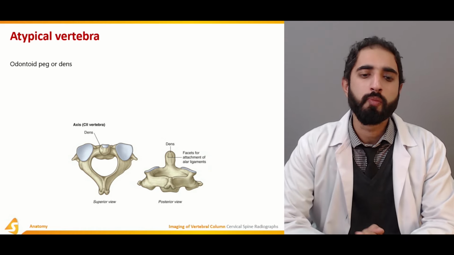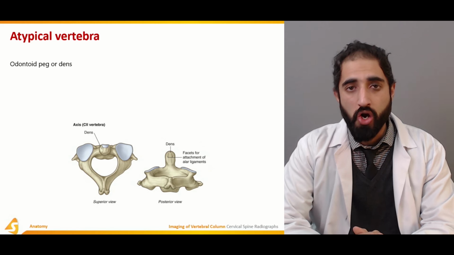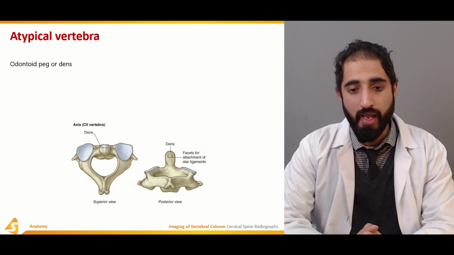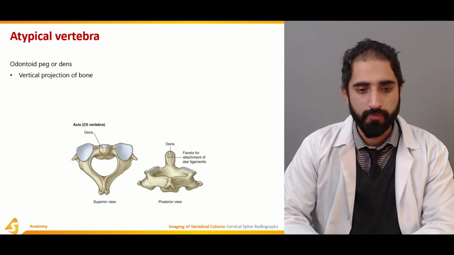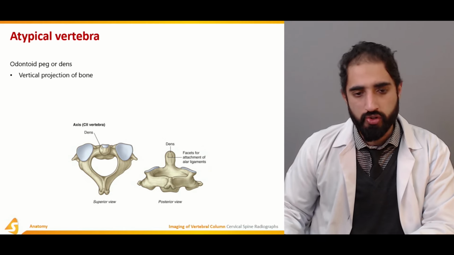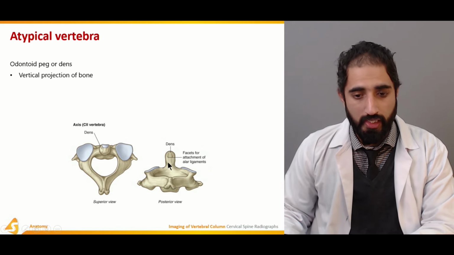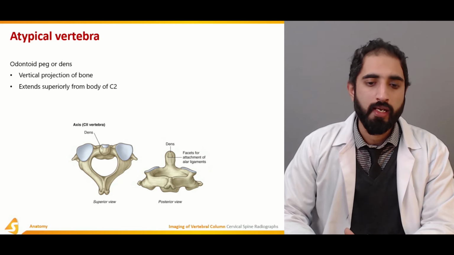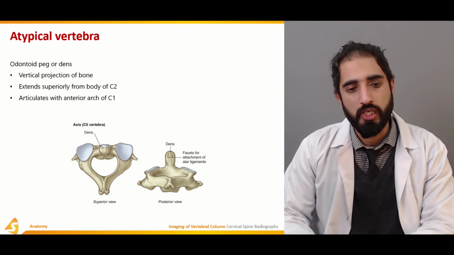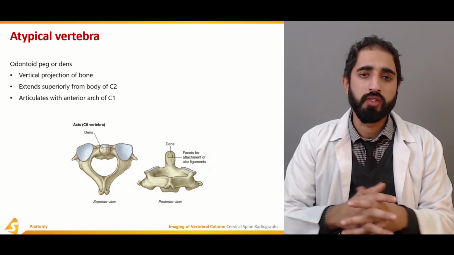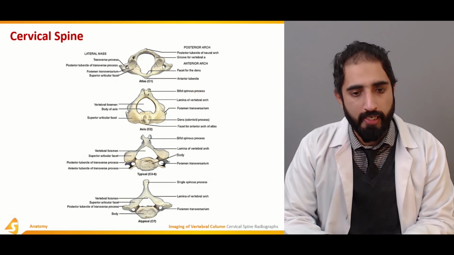So this odontoid process or odontoid peg, also known as dens, is what makes it an atypical vertebra and unique in its structure. The odontoid peg or dens is a vertical projection of bone, which you can see here, and it is oriented anteriorly, not posteriorly, and it extends superiorly from the body of C2 and articulates with the posterior aspect of the anterior arch of C1 or atlas.